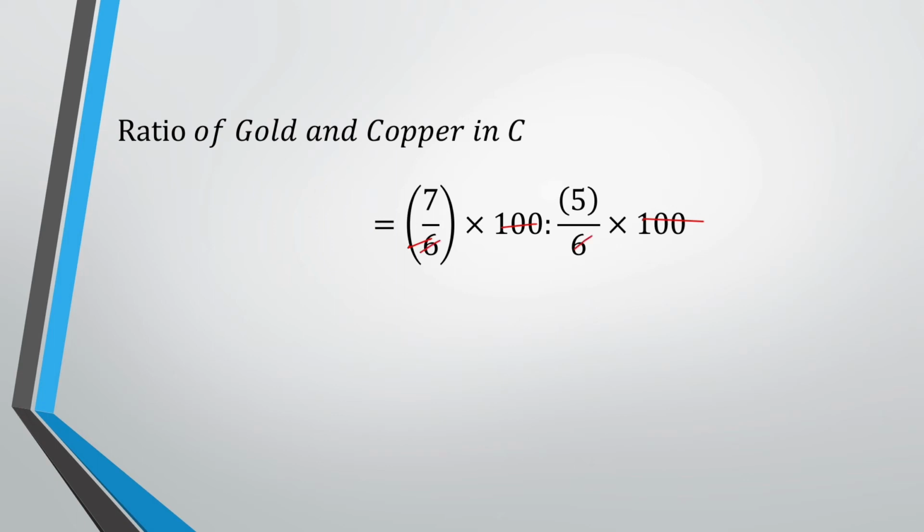So the final ratio will be 7:5. So the answer is 7:5. The ratio of gold and copper in the new alloy C is 7:5. It's very simple. We have to take that assumption of equal quantity and then proceed. Everything is very simple. Calculation is also very easy.